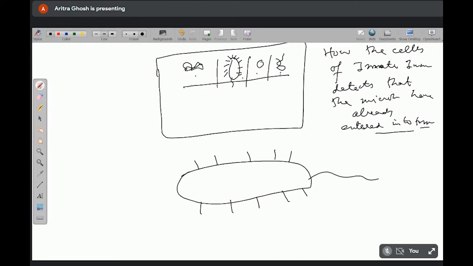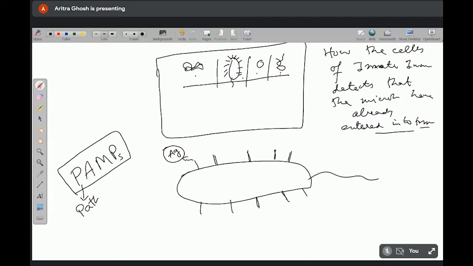Whatever I am telling, a glycoprotein or lipopolysaccharide is basically a gross term, but at a particular point, when we are expressing about the whole microbe, some common name must be there, and that common name is pathogen associated molecular patterns. If there is a virus, it also has such patterns; I will name these PAMPs, that is, pathogen associated molecular patterns.